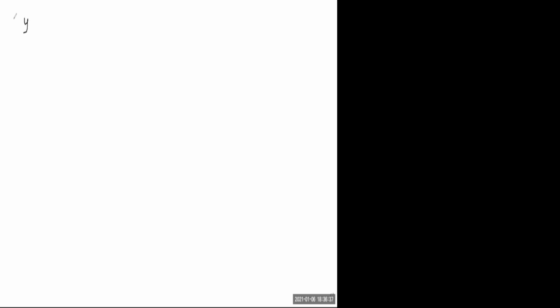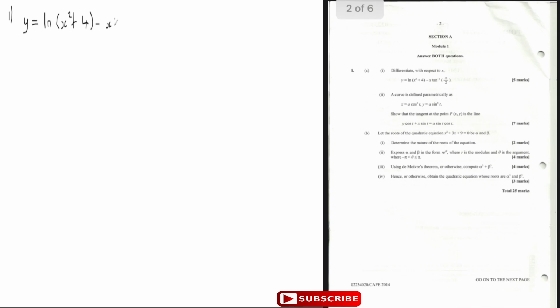First part of question 1, it says differentiate with respect to x. Cool. So it tells us that y is equal to ln(x squared plus 4) minus x tan inverse(x over 2).